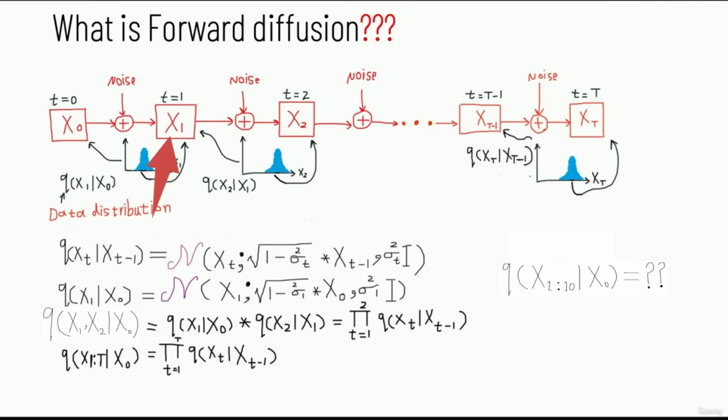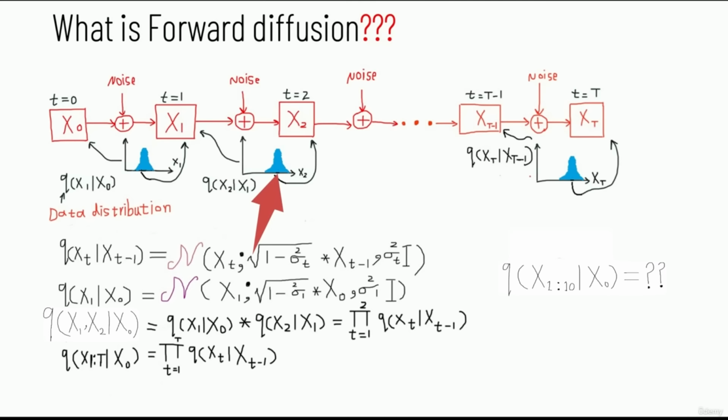Now let's say that we took the value of x1 variable from this distribution. Now we will add Gaussian noise to this value and we will get this distribution here. The mean of this distribution will be equal to x1 times the square root of 1 minus the variance of the noise that we added to x1.